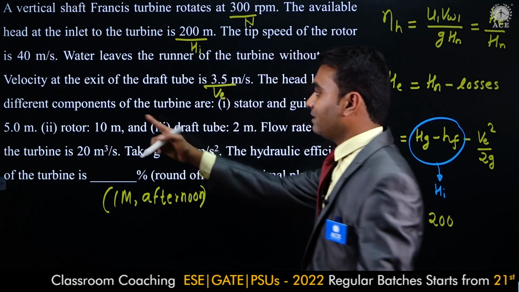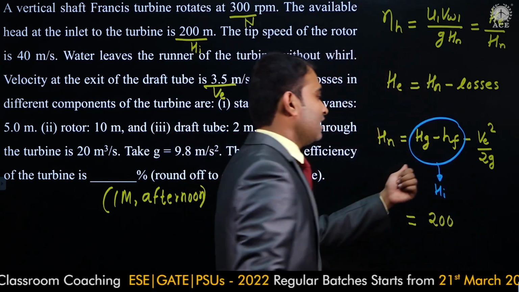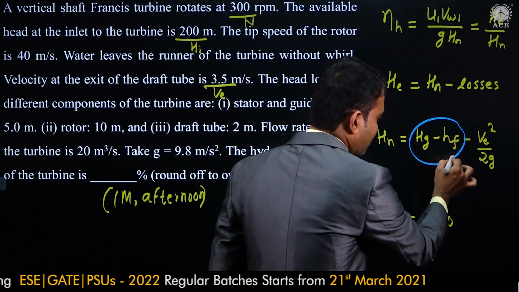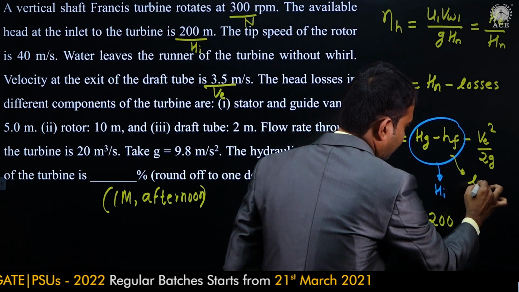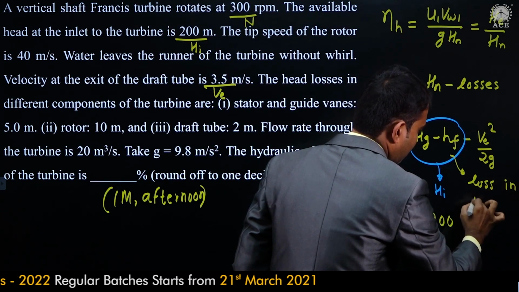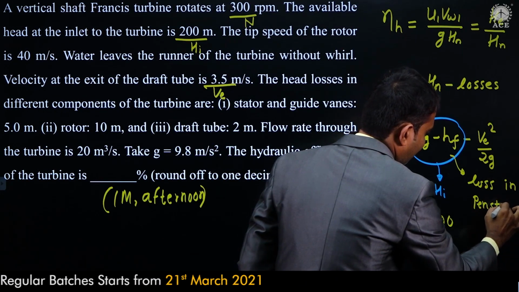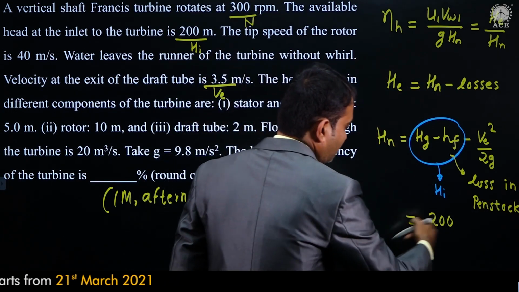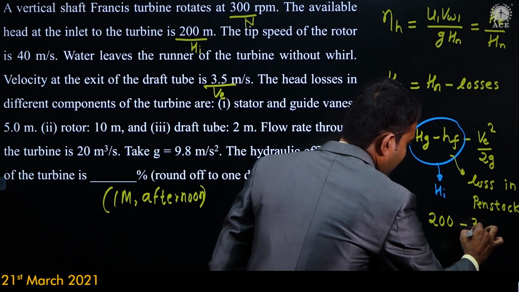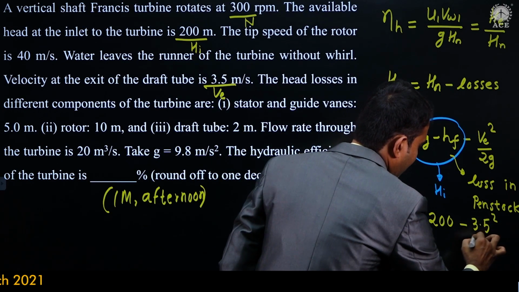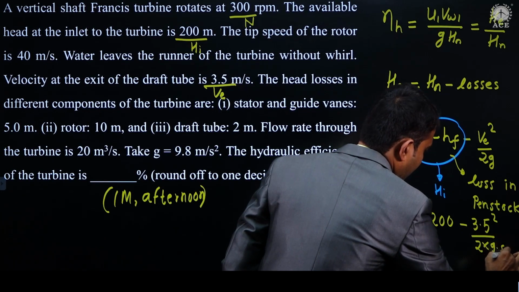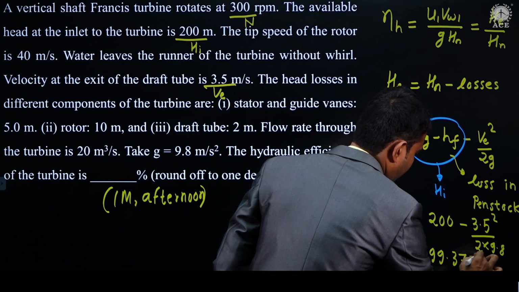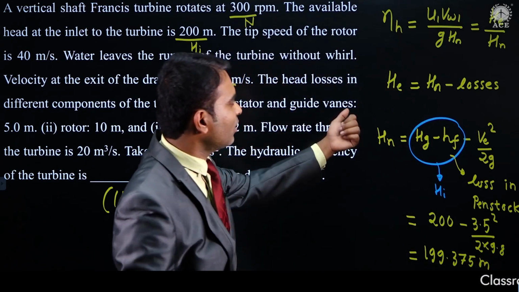These are losses in the turbine and draft tube, but Hf is the head loss in the penstock, which is not given. So Hn is equal to 200 minus 3.5 squared divided by 2 into 9.8. So this is 199.375 meter, right? We got the net head.